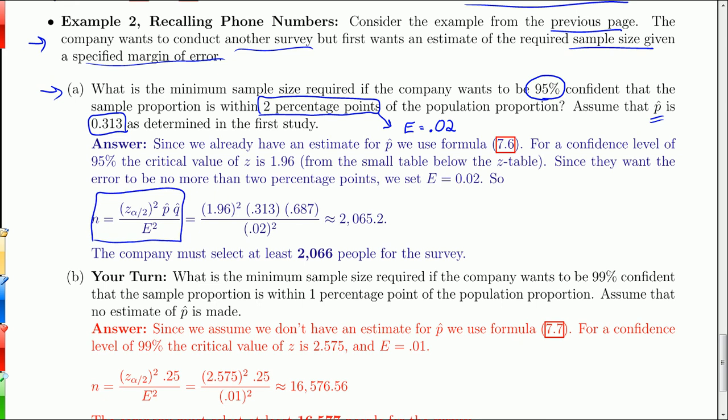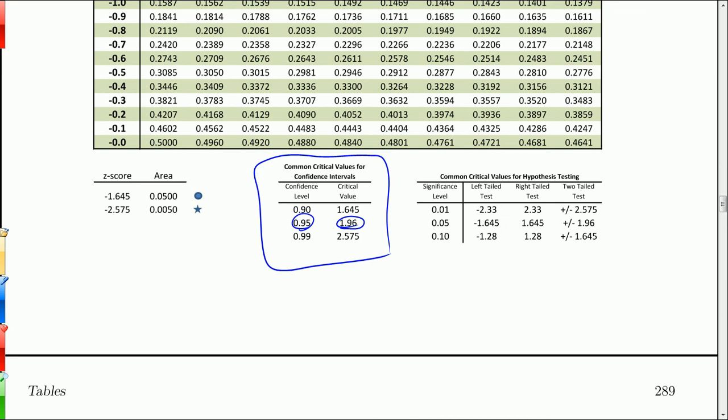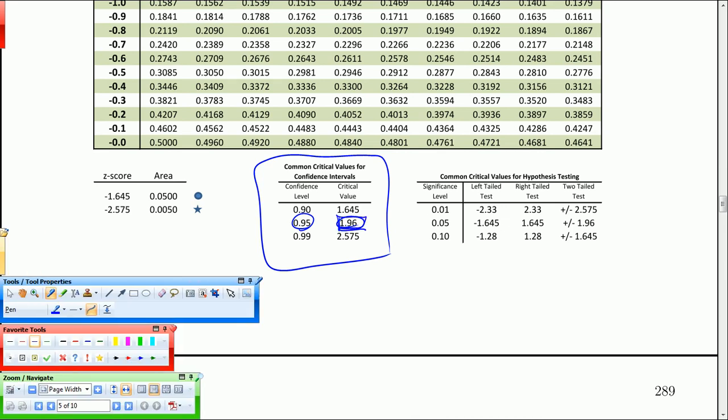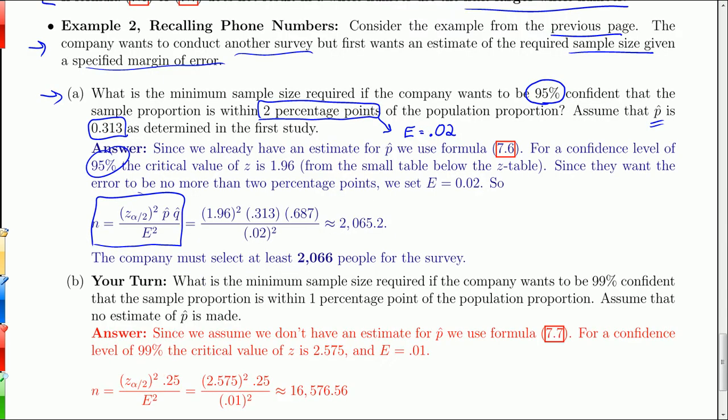Right? And if I'm at the 95% confidence level, my critical value of Z is easy to find. It's one of the popular ones. 95%, it's 1.96. Right? So we go back. So Z sub alpha over 2 is 1.96.